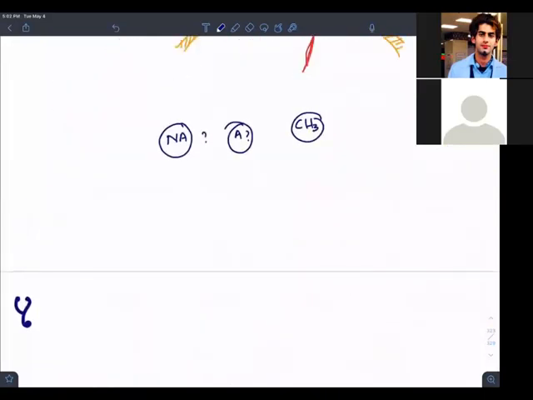That is the reason why your neurons are making noradrenaline. Why? Because your neurons don't have the enzyme. Which enzyme? Phenylethanolamine N-methyltransferase. Do you know this?